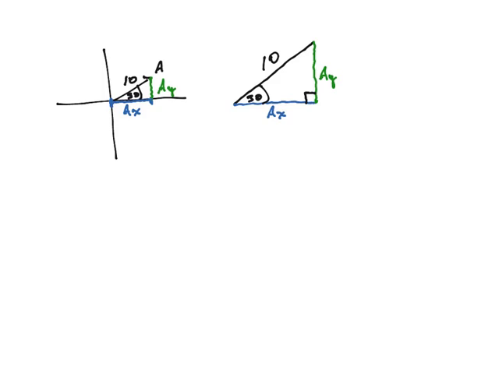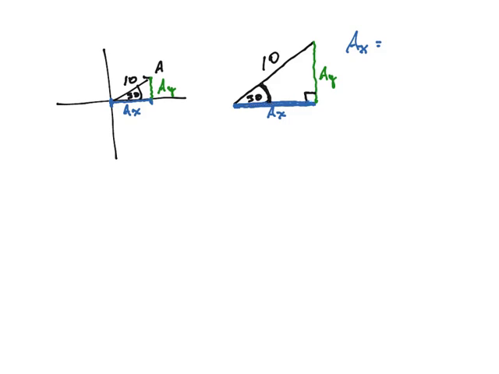Say, okay, well, let's say I want to find AX. This side here, the AX side, is either opposite or adjacent to the angle theta. Well, here's the angle theta, the 30 degrees.